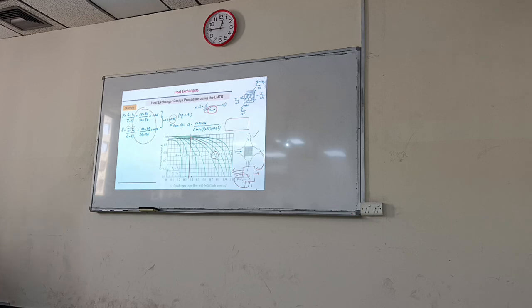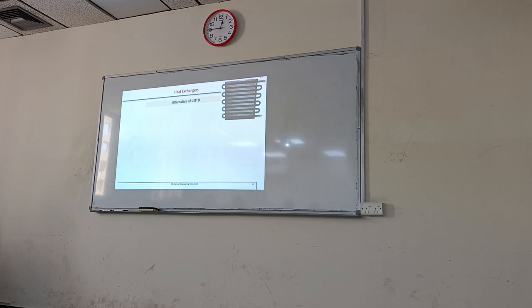Okay, so now we have covered this part, the LMTD method, to find out or to design heat exchangers. The second method, an alternative to LMTD, is where the area is given, and we want to find out Q dot and the exit temperatures, normally TCO and THO.